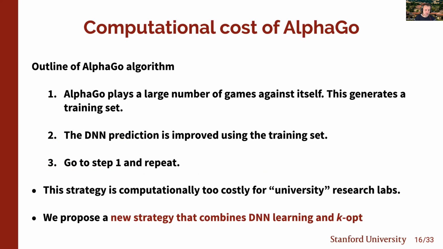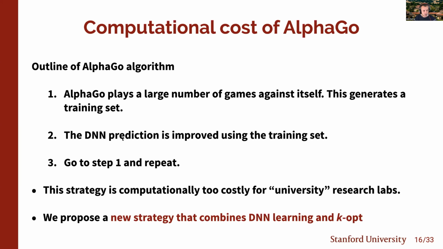So here are more details on what AlphaGo is doing. I'm not giving you all the technical details because there are a lot of them and it would take too much time. So this is just a high level view of things. AlphaGo starts by playing a large number of games against itself, and this generates a large training set of games. Some of the games are won, some of the games are lost. And then based on this, the deep neural network is improved.